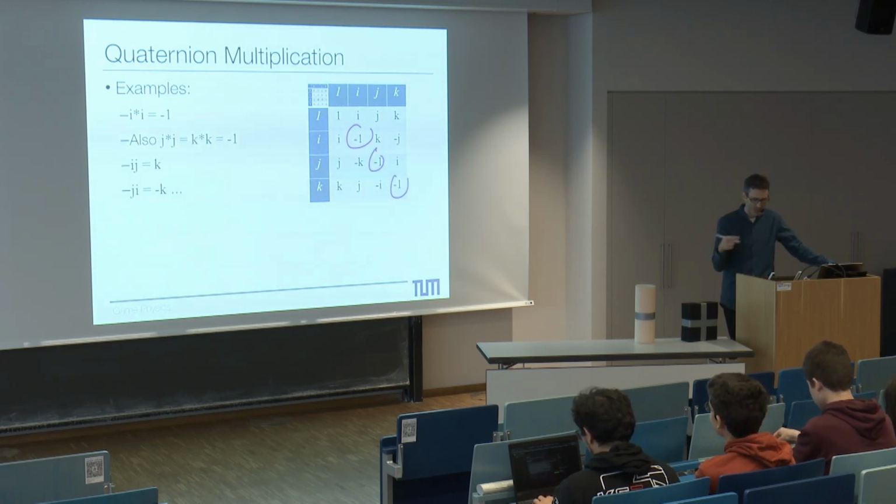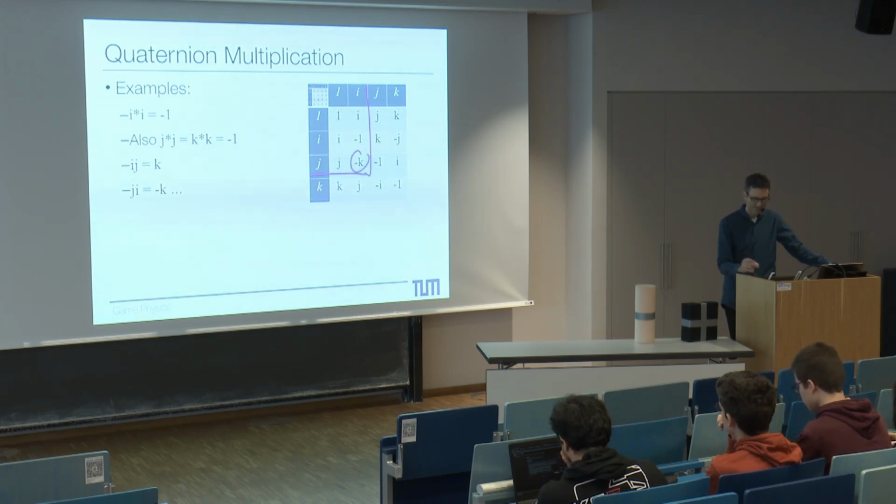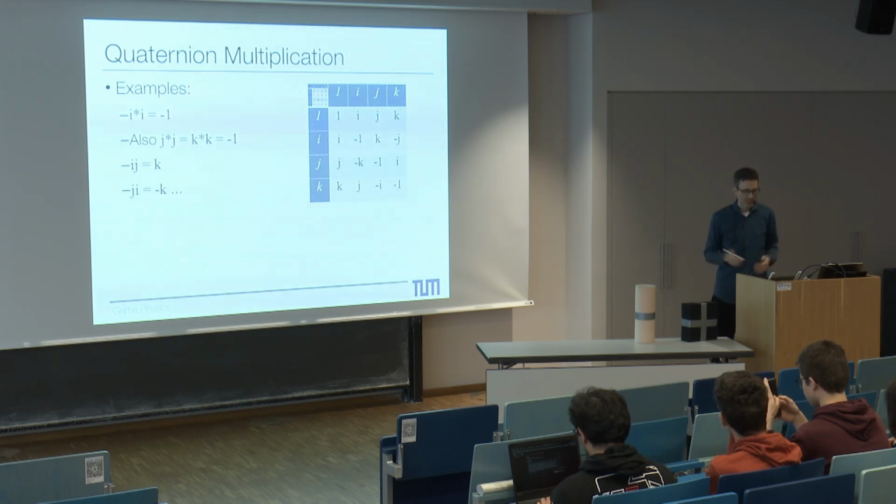Every i times i, j times j or k times k is -1, but there are special rules, like i times j gives k, or k times j gives -i. So on first sight, it's really not clear why it's this way. I don't want to rederive why it's exactly this way, but if you set it up just like this, you can actually work with it. It gives you a proper system of numbers and values, a proper space to work with.